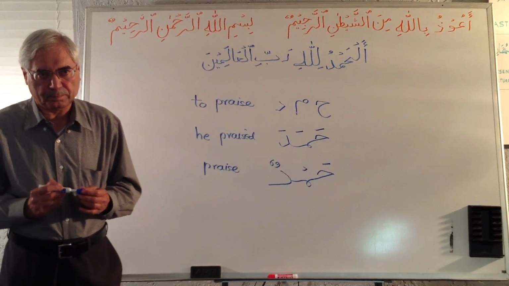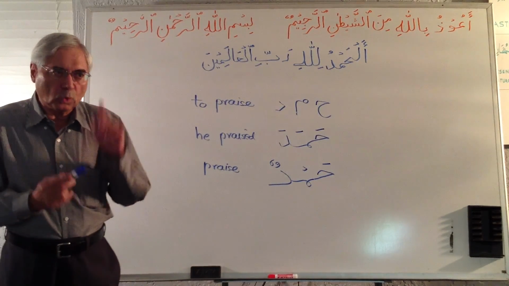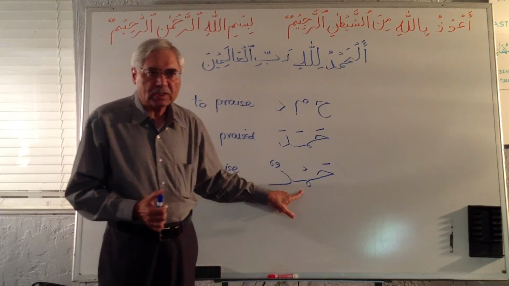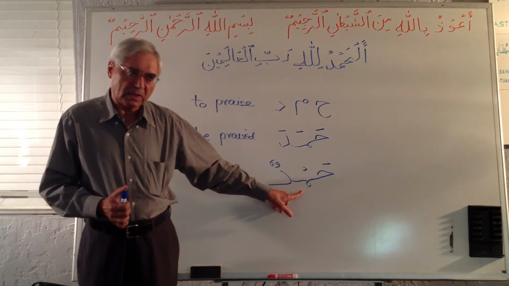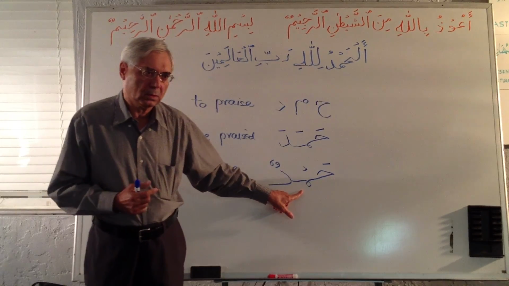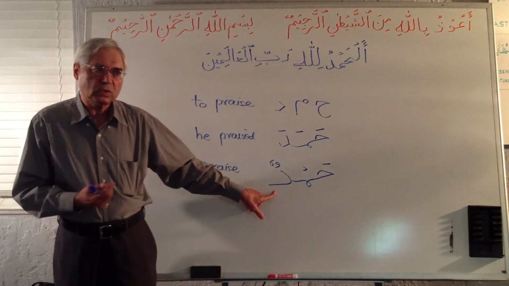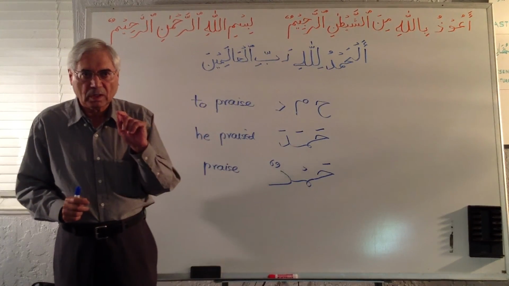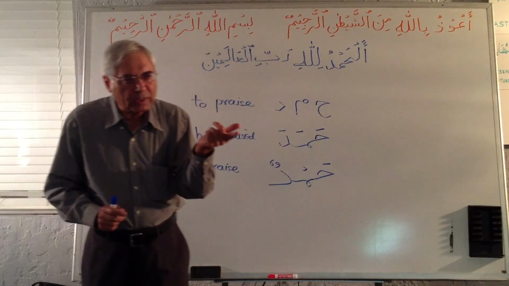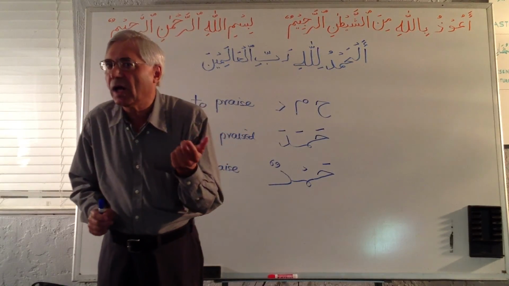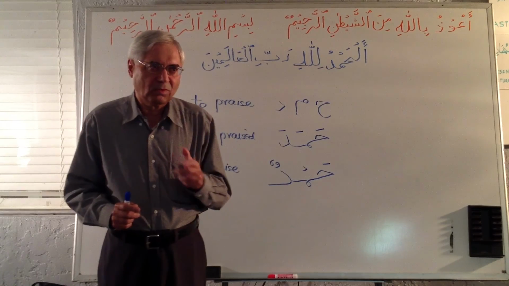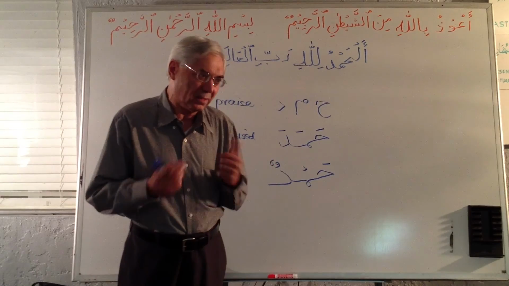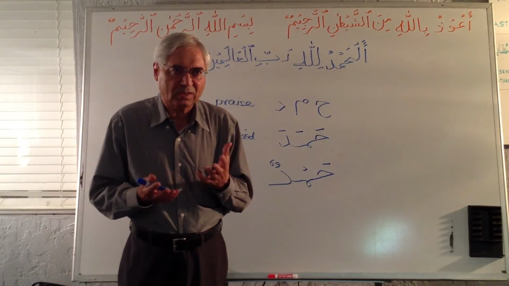So the rule is that you take the first letter, combine it with the second letter with a fatha, so the sound will be hum, and on the third letter you just put two peshes. Hamdun. If we go back to the example, it will be fa'alun.